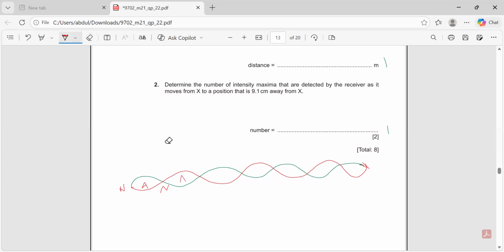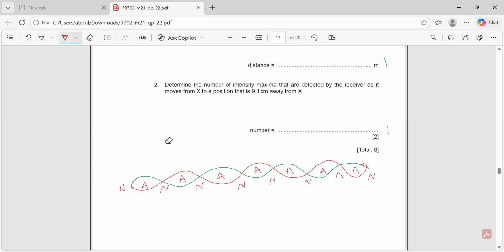Node, antinode, node, antinode, node, antinode, like this.